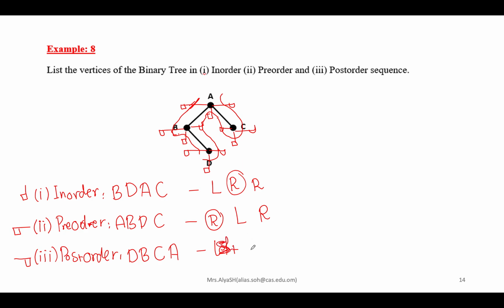Sorry, we should write it as what you said here: left, right, then the last thing is the root. So left, D, B considered as a root. Each subtree is considered a root. So here we got B as a root, then if we have a vertex, we have left and right. So here we first visit left, nothing in left, right, then root. Then here again left nothing, then right nothing, then we go straight to the root, and A also.